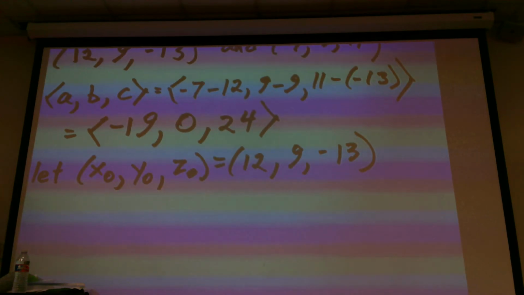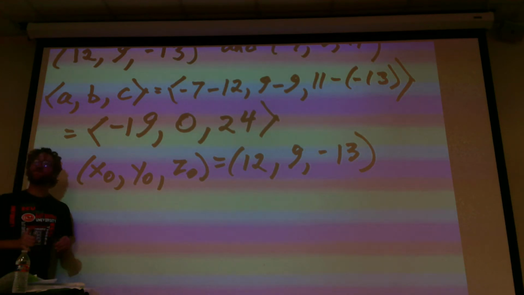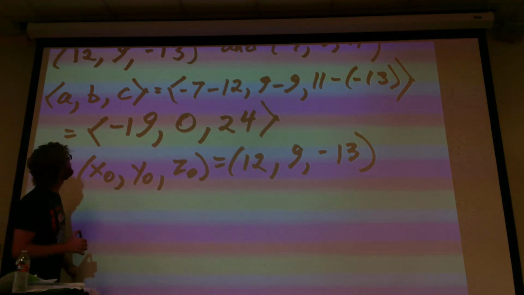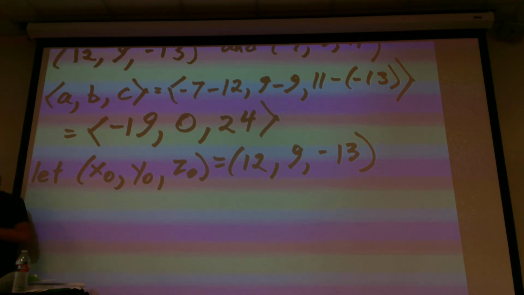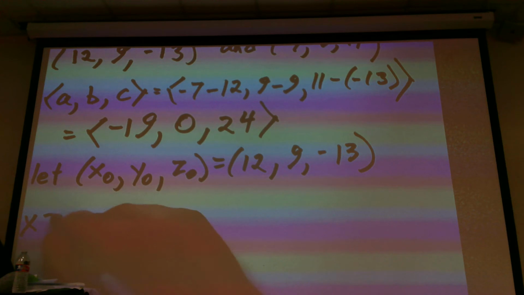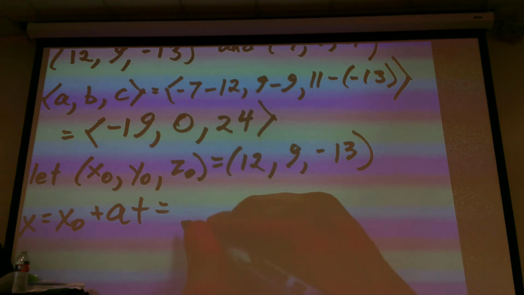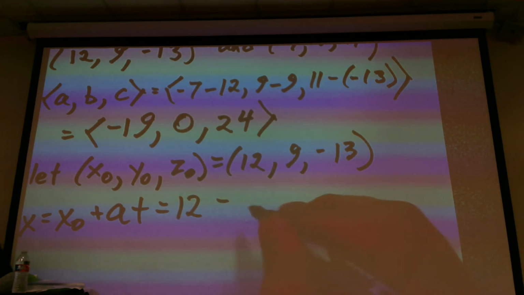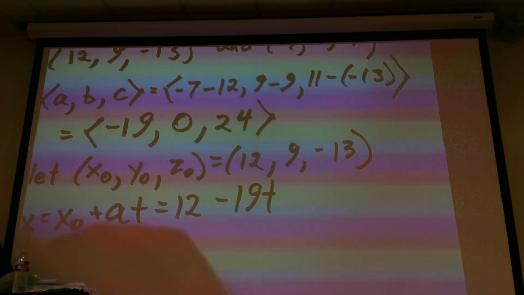Okay, so now we have an A, a B, a C, an x naught, a y naught, and a z naught. Okay? So, x, which would equal x naught plus at, would equal 12 minus 19t. Okay?